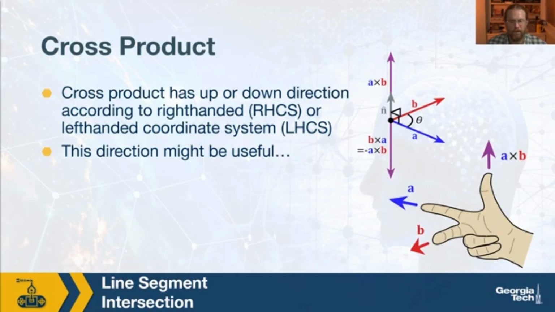So we'll use a right-hand coordinate system. So A and B crossed together in that order, A cross B, will result in our cross product vector going in the up direction. And otherwise, if you flip the order, it'll go in the negative direction.